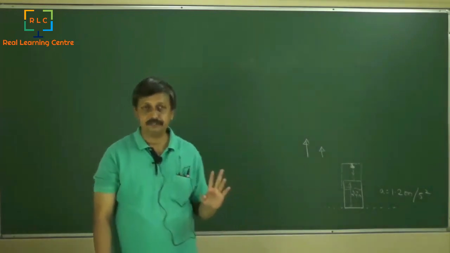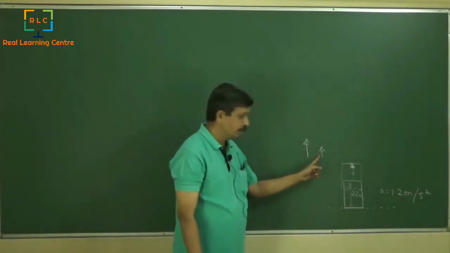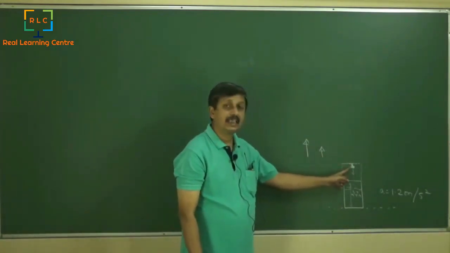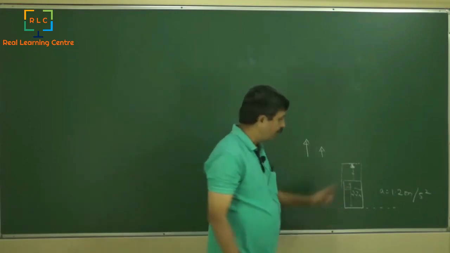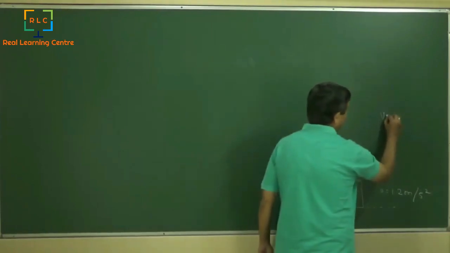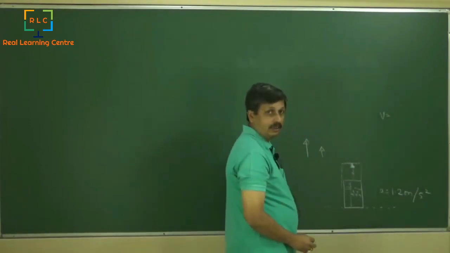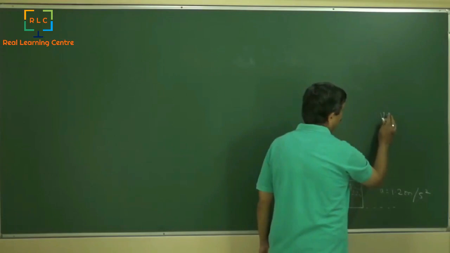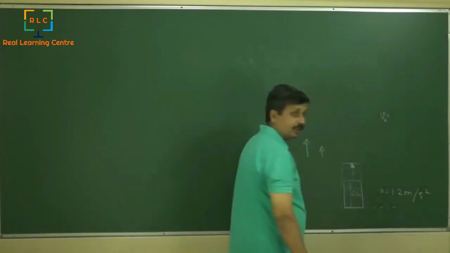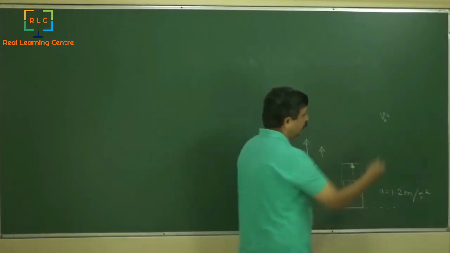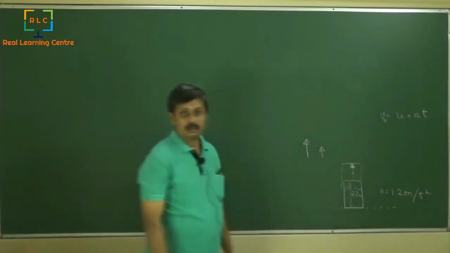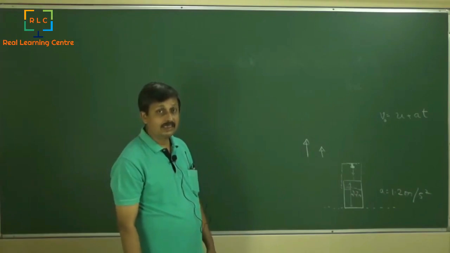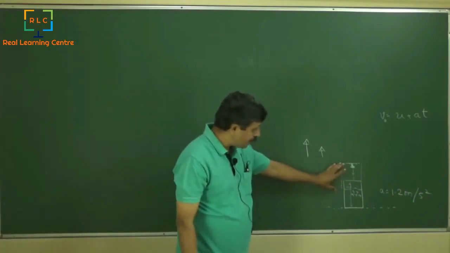Okay, if the bolt is continuing to go with the same velocity, what is that velocity? We'll figure out that velocity first. Let us say the bolt's initial velocity, I will call it v naught. Okay, v naught is equal to u plus at, which is the velocity of the lift at that point of the detachment.